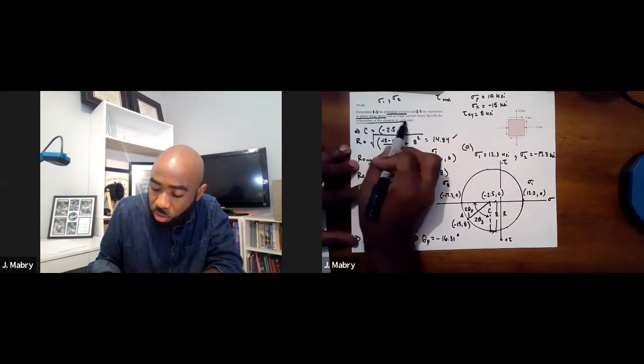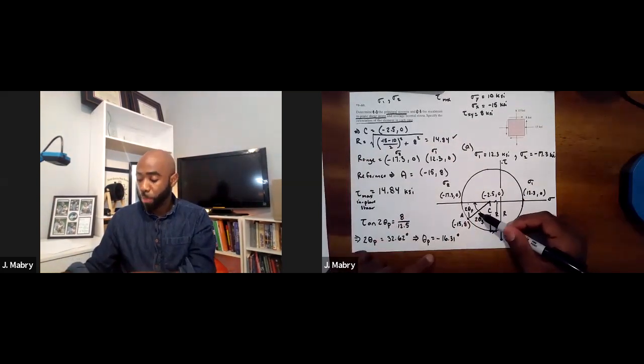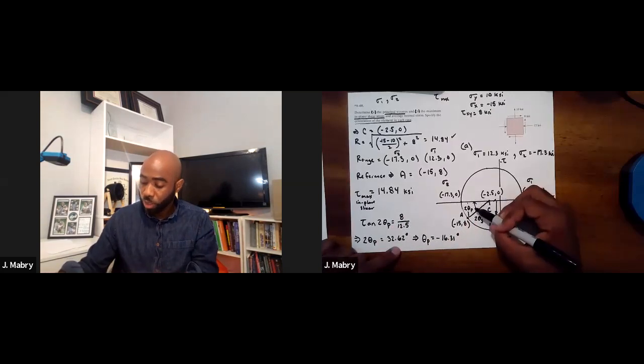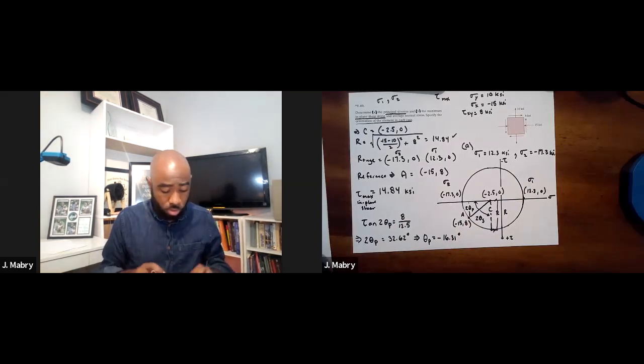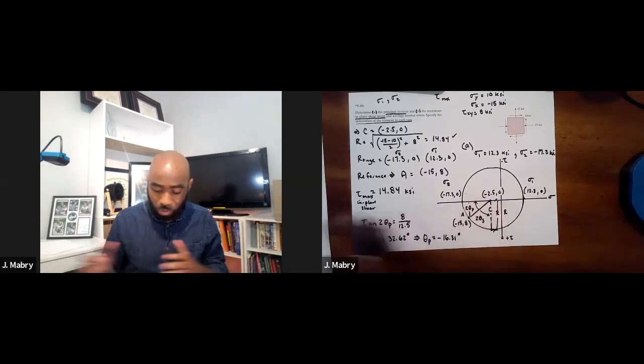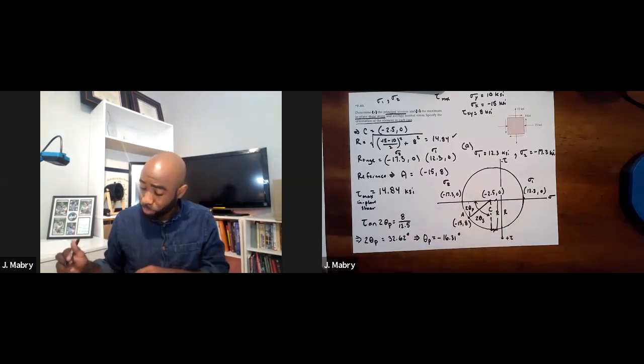So what's the complementary angle of 32.62? We subtract that from 90, or complementary angle may not be the technical term, but what completes it at 90? 57.38.